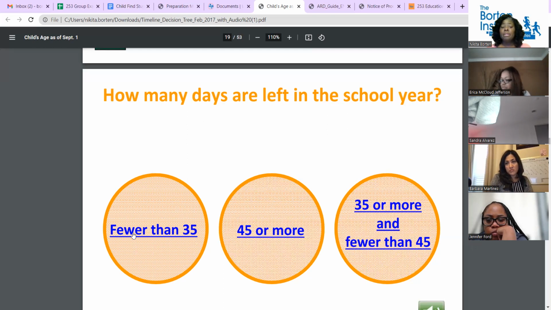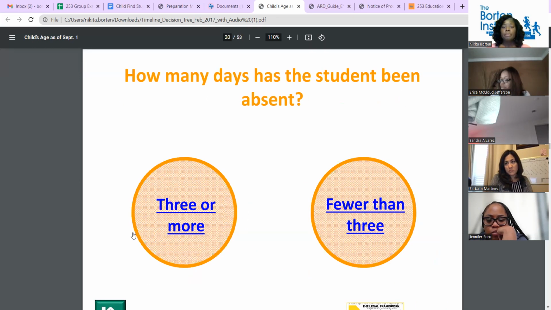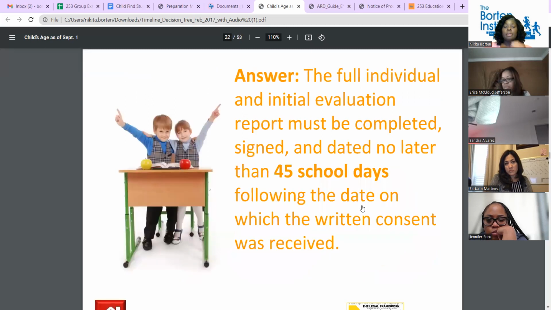So if you get consent and there's only 30 days left, or 28 days left, or 17 days left in the school year, you have 45 school days to get your testing done. Now, what is the implication of this?